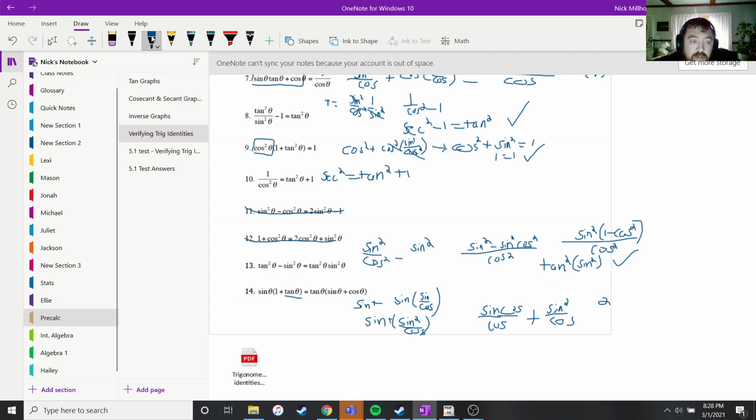Actually, on both of these, we could factor out a tangent, right? So sine squared is the same as saying sine times sine over cosine. When I say we can factor out a tangent, what I really am saying here is out of both of these, we can factor out a sine over cosine.